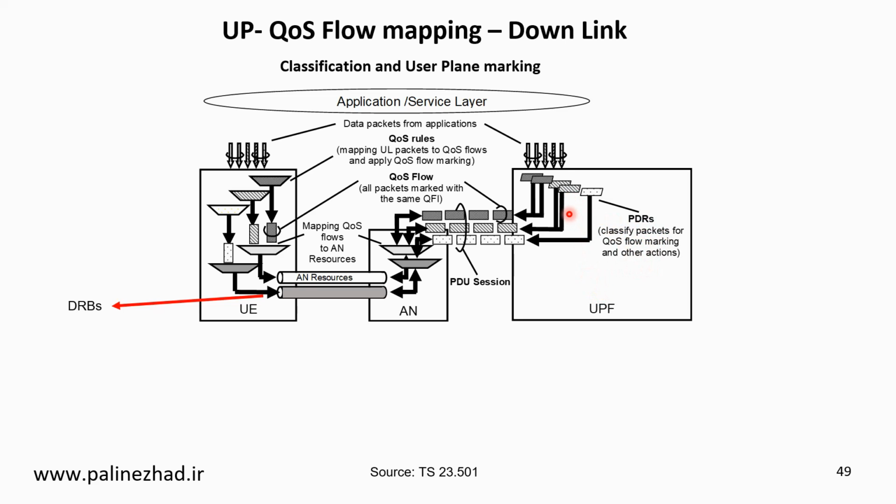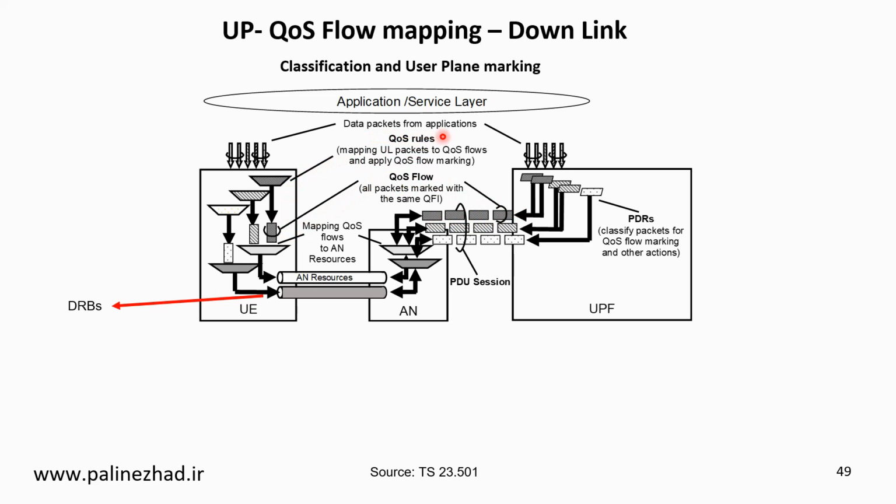It is related to the TFT templates and service data flow templates and filters that we have seen earlier. We have QoS rules defined in the QoS flows. Okay, here we have the QoS flows, and we have QoS rules on them.